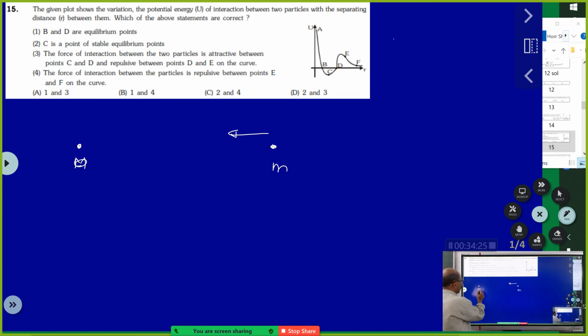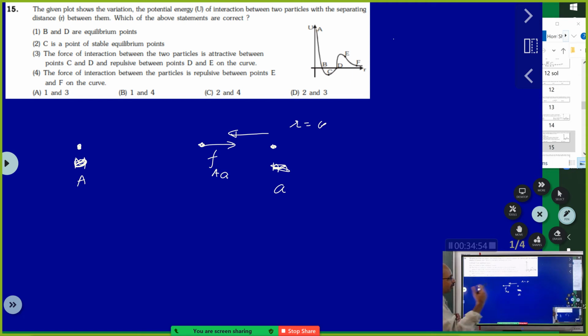Some physical quantity. If you are bringing it from R equal to infinity like this, and the potential energy keeps increasing, that means when the body is here, the force due to A on A is in this direction. So therefore there is repulsion.